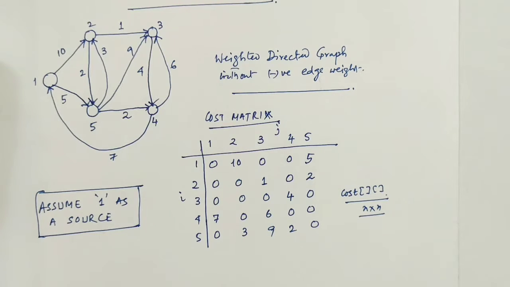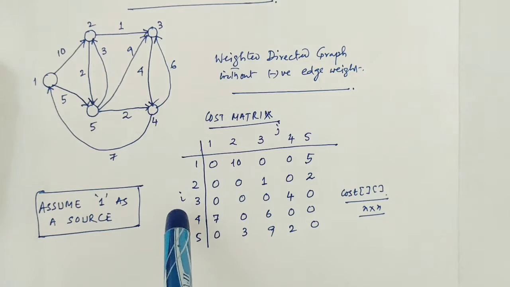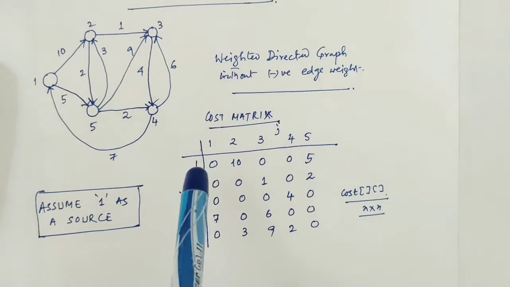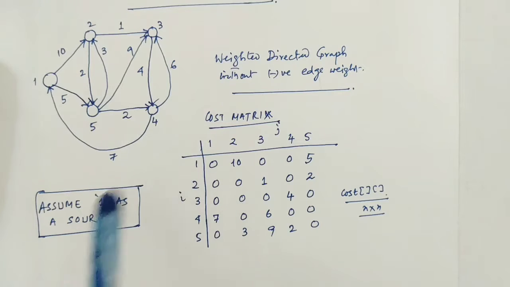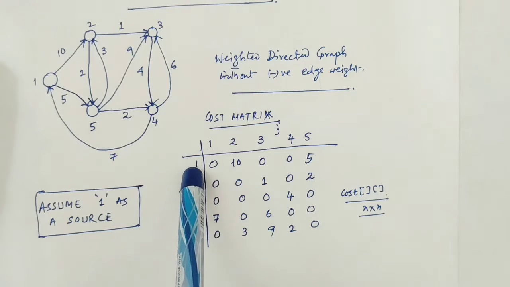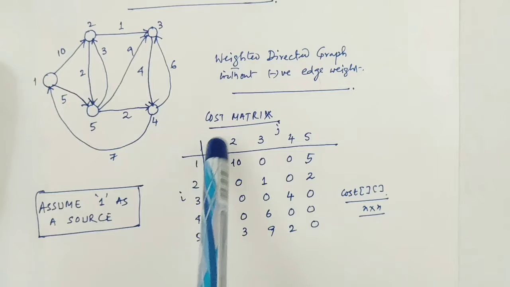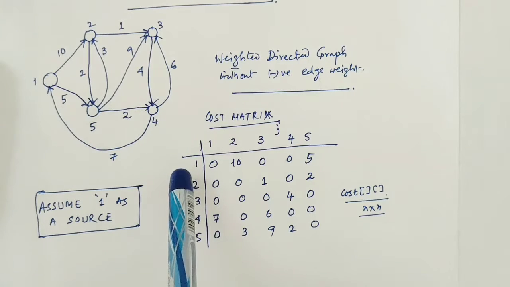So it is a 5 cross 5 cost matrix, with 5 rows and 5 columns numbered 1 to 5. Row counter is I and column counter is J. If I proceed for the first row, I am considering vertex number 1, and column number 1 means 1, 1. That implies: is there any edge between 1 to 1?